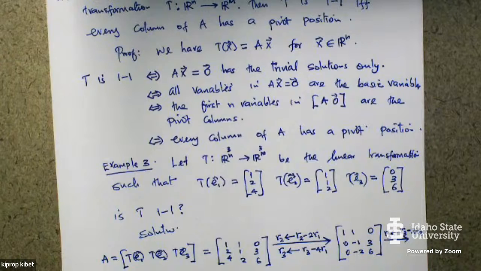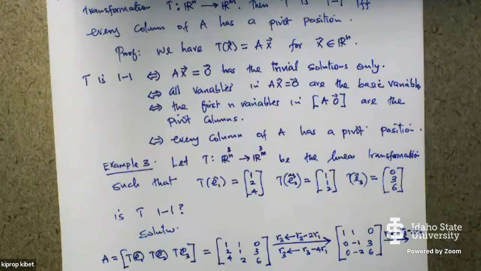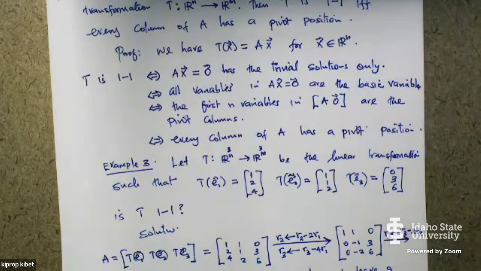So you can say the third column of A does not have a pivot position. So T is not 1-to-1. Any question after that?